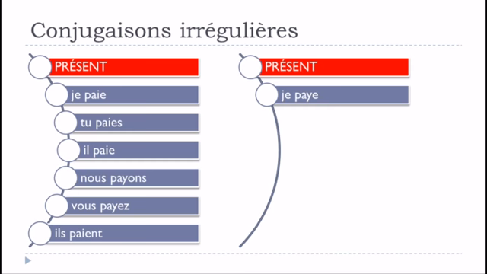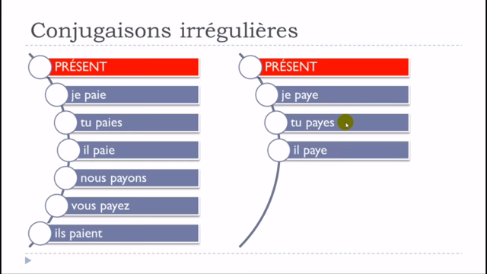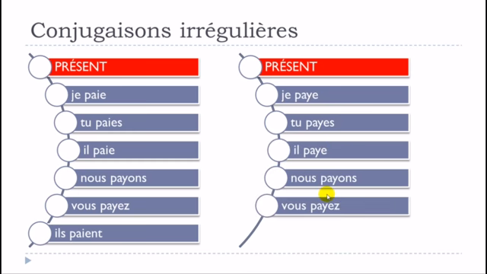So it can go like that: je paye, tu payes, il paye, nous payons, vous payez, and then ils payent. Okay, and in that case it's quite funny because we tend to make a difference maybe in pronunciation, between this one, je paie, and then some persons can pronounce je paye.